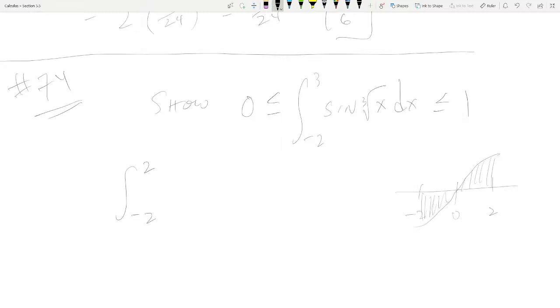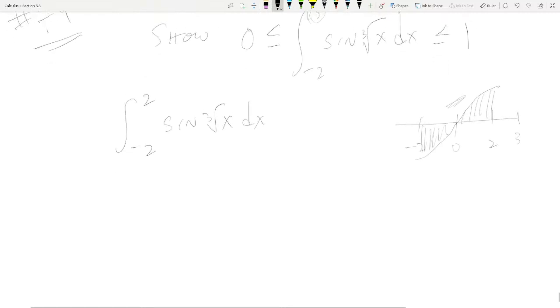So I'm remembering that. And they're telling me in the problem to show that it's an odd function. So I'm thinking that this portion is 0. This thing goes to 3, but at least going up to 2, this part here is 0. So let's see if it's an odd function.